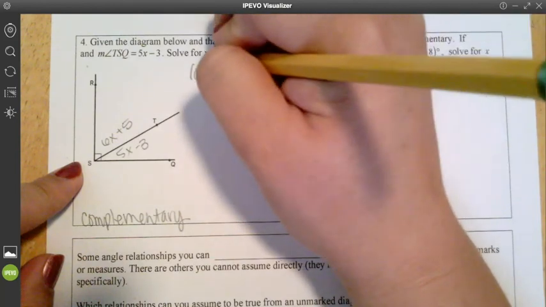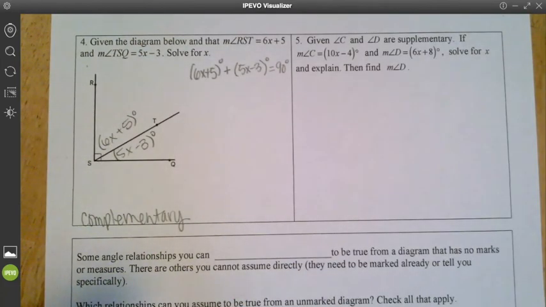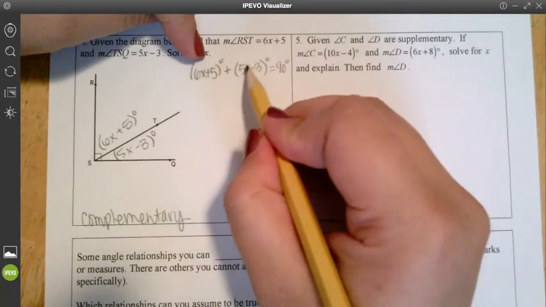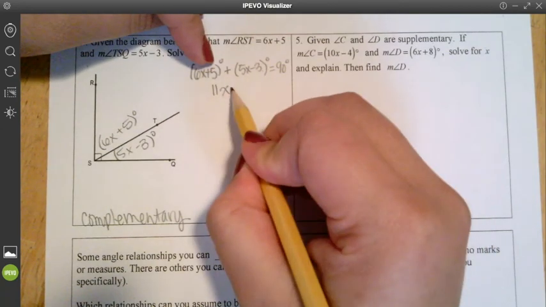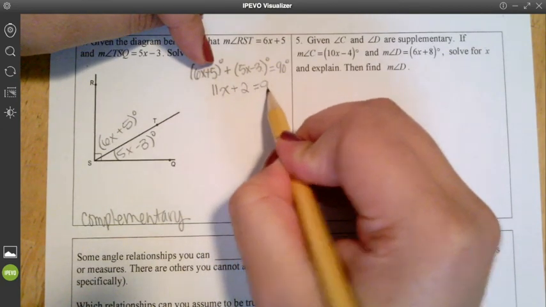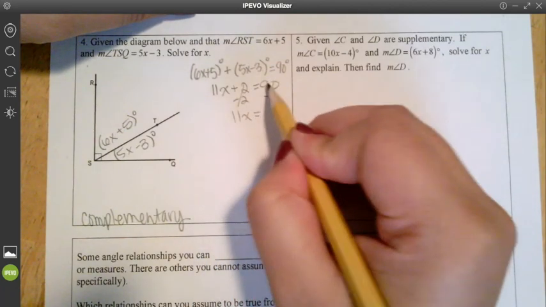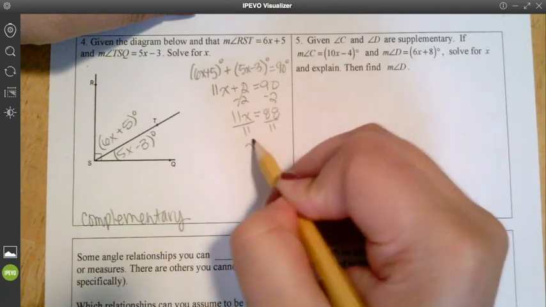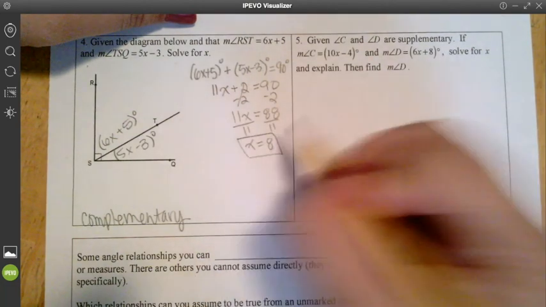And I should be drawing my degree symbols to be clear that those are angle measures. Okay, so I know that they have to add up to 90. 6x plus 5x is 11x, plus 5 minus 3 is plus 2, equals 90. Minus 2, 11x equals 88. Divide by 11, x equals 8. Solve for x, I did, x equals 8.